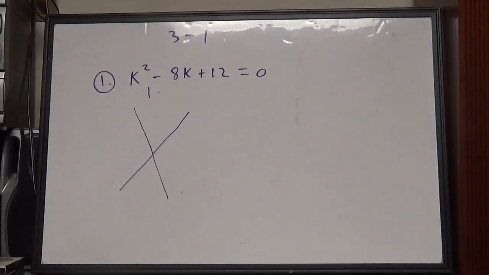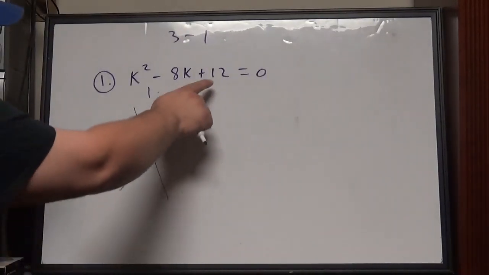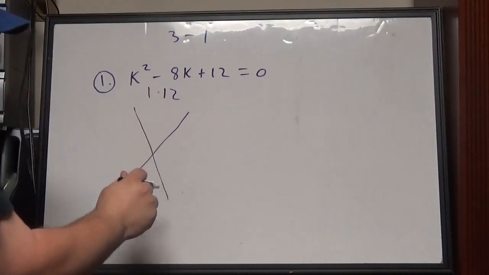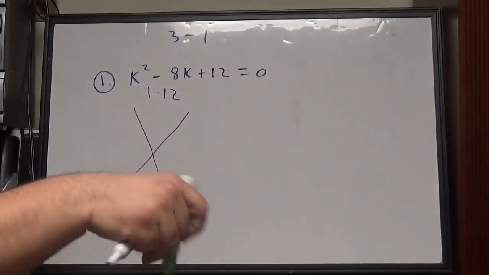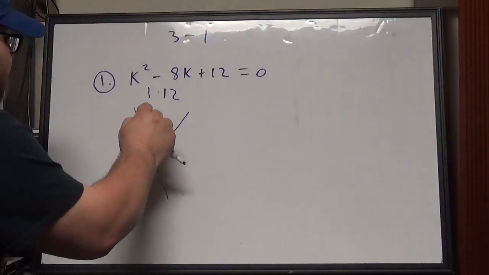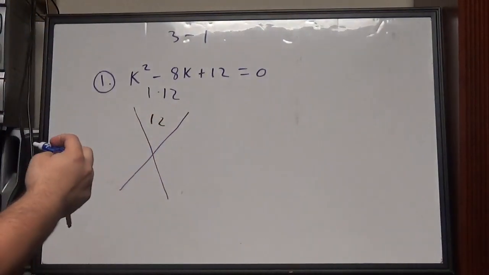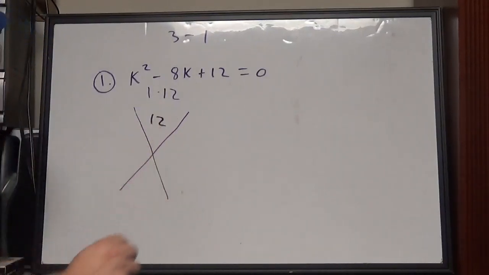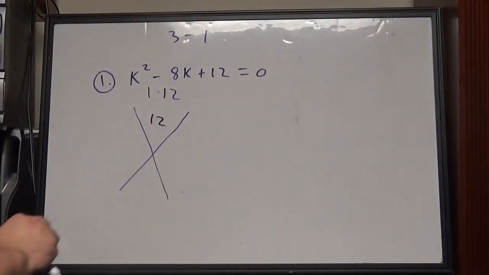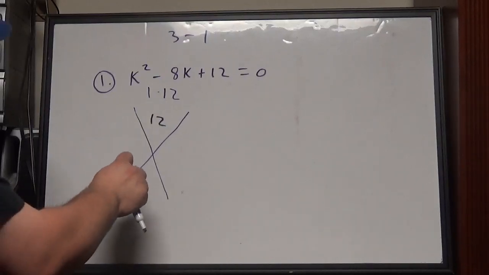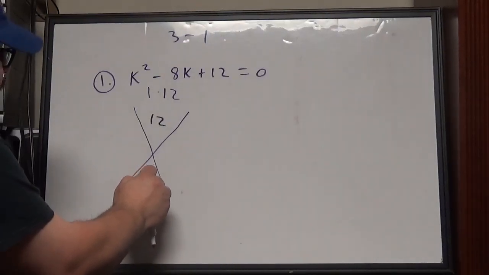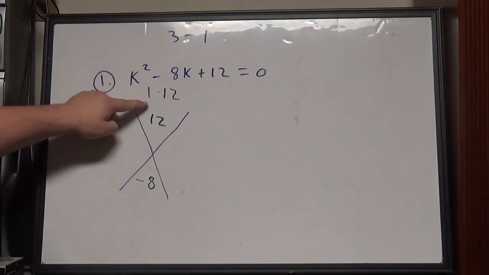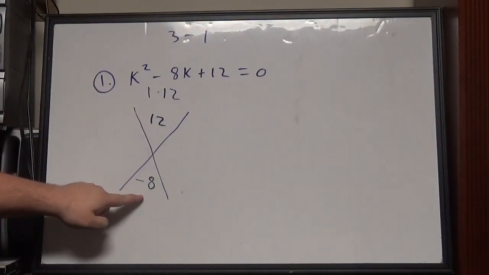Remember, if there's no number, it's a 1. And then the C value is 12. So 1 times 12 is, of course, 12. And then on bottom, we put the B value, which is -8. So A times C goes on top, and B goes on bottom.